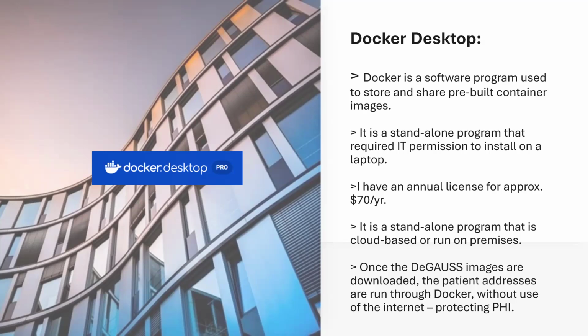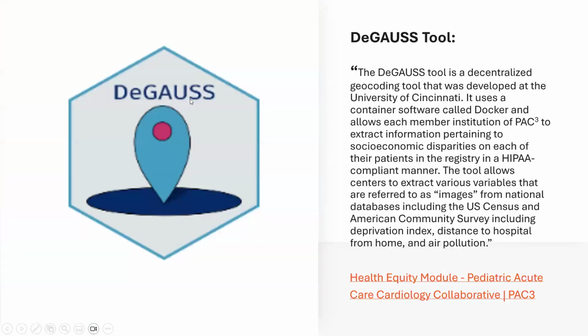Once your images are downloaded into the Docker desktop for your facility, for your neighborhoods, then it's just compared against those going forward. Those tables update every 5 to 10 years or some time frame. They've updated a couple of times in the last couple of years. And then the DeGAUSS portion is the tool that geocodes all of the addresses.